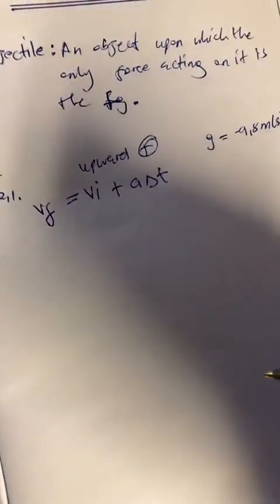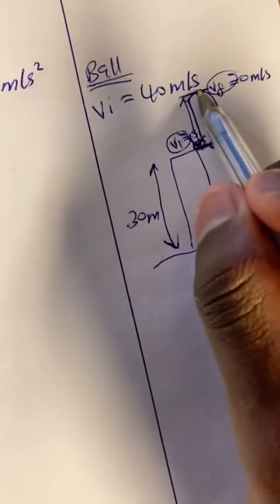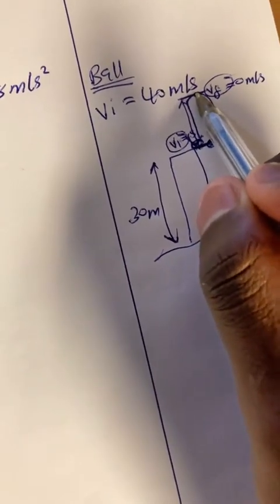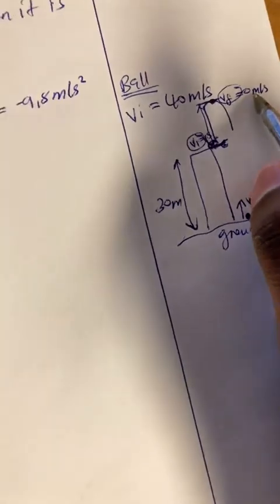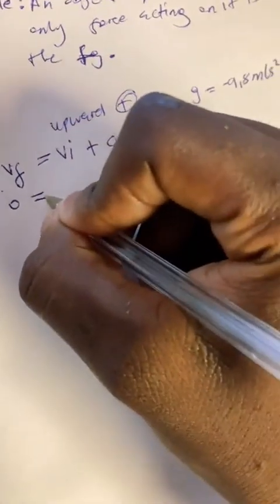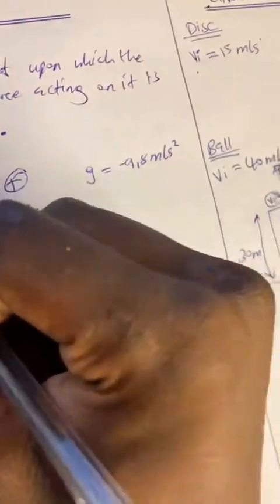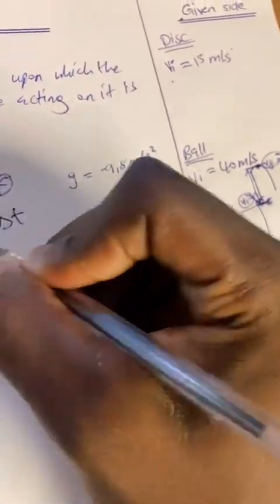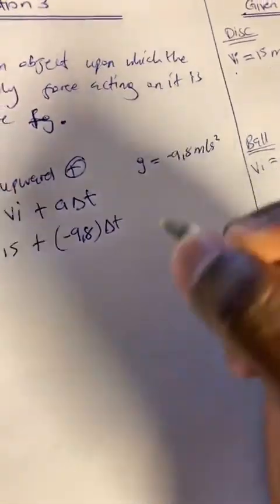So let us substitute our values. What is our VF? Because it's a maximum height where it momentarily stops, our VF is going to be 0. So 0 is equal to our initial value, 15 meters per second, plus our acceleration, negative 9.8 delta t.